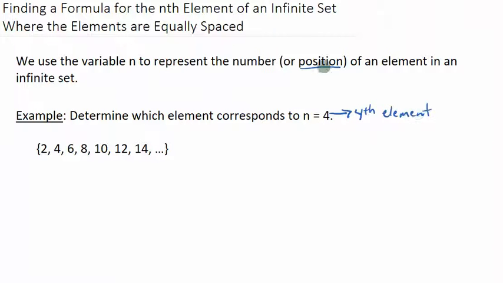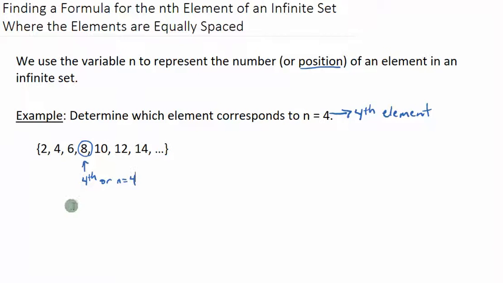And that's exactly what I mean by position. So I just count 1, 2, 3, the fourth element is 8. It's the fourth element, or you could say it's where n equals 4. So n characterizes the position of an element in a set.